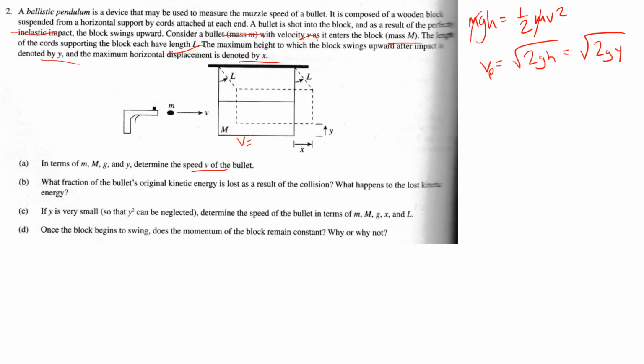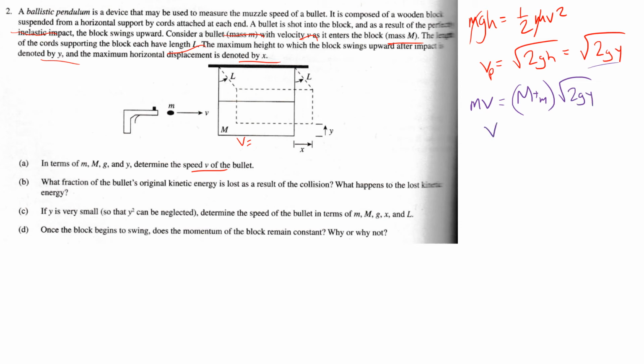So this is for the pendulum, but of course, that's not all. We actually want the speed of the bullet, so we've got to use momentum here. The bullet starts out at mv, and then it's going to be moving inside of the pendulum. So the pendulum starts off at 0, so no momentum there. So the pendulum's momentum is going to equal the pendulum mass, which is M plus the little m, because the bullet's stuck inside of there, times the velocity of the pendulum, which we just figured out, square root of 2gy.